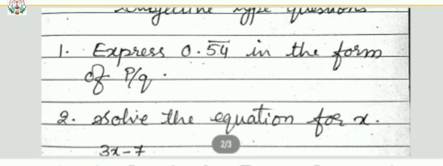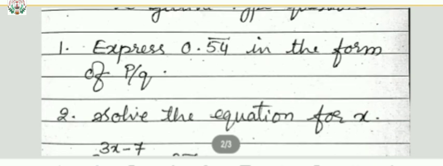So 100x equals 54.54 bar, because that is repeated again and again. So now both equation 1 and equation 2 have the same value after the decimal, that is 54 bar. Okay, so on subtraction, 100x minus x equals 54.54 bar minus 0.54 bar.